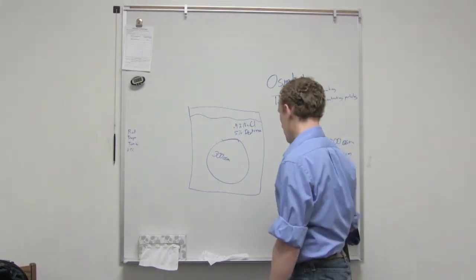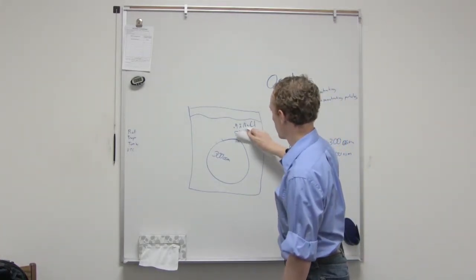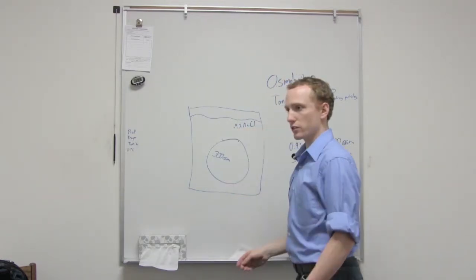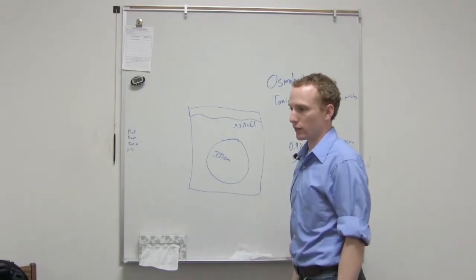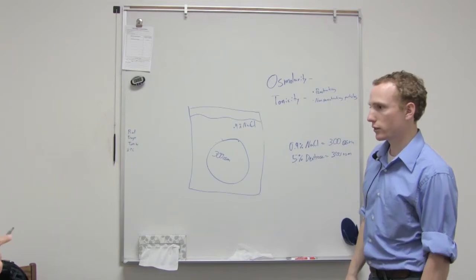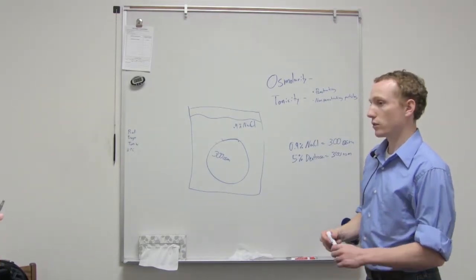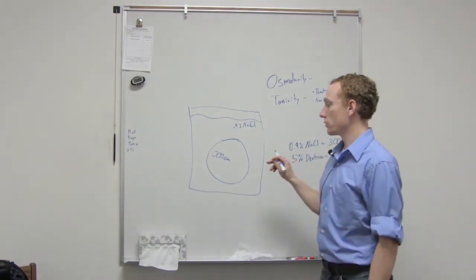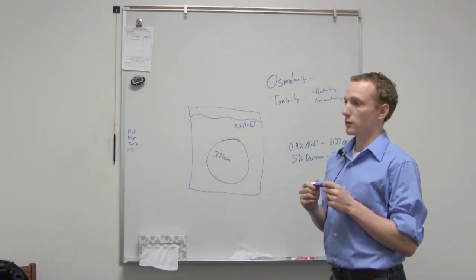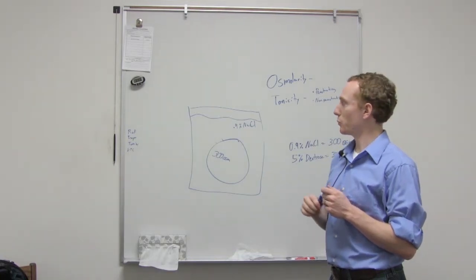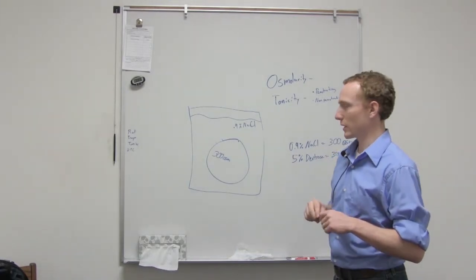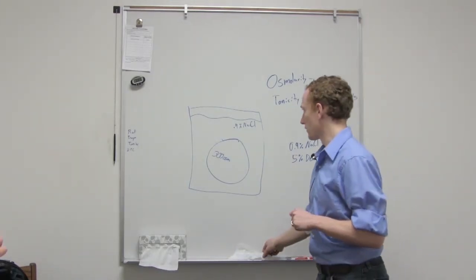Dextrose is going to go half and half, so we're going to ignore it because it's penetrating. 450 will be in the cell, and 450 would be outside the cell as well. So it would be isotonic, but it was hyperosmotic. Does that make sense why?